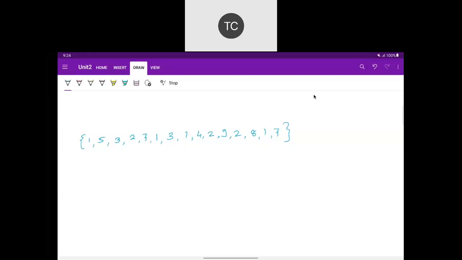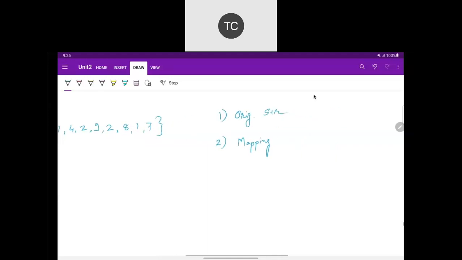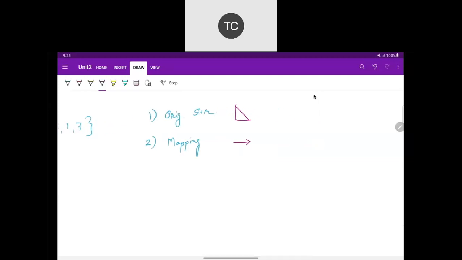Now that's why we need those 2 points. Point number 1, original structure, right? And point number 2, mapping. That's why we need these 2 things. Now when I say my original structure is lower triangular, and the mapping is row wise, then you can define where your data will be.